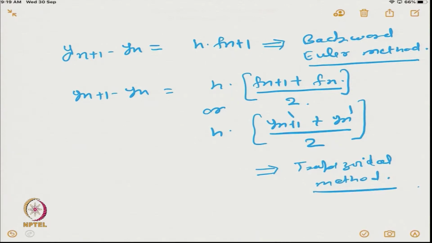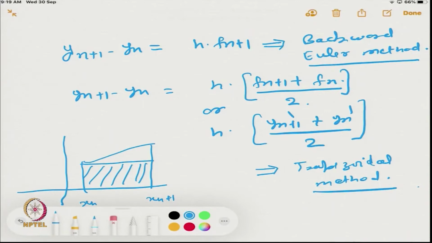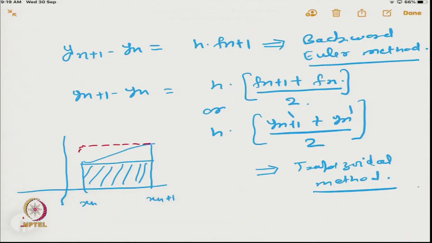So, if this is a function we are integrating from xn to xn plus 1, sometimes we approximate the area under this curve with the help of this rectangle, and sometimes with the area of this rectangle. So we are overshooting the real area, while in the previous case we are underestimating the real area.